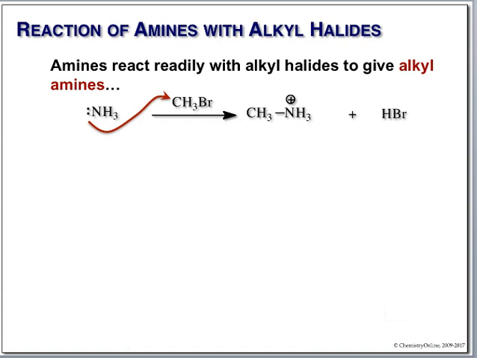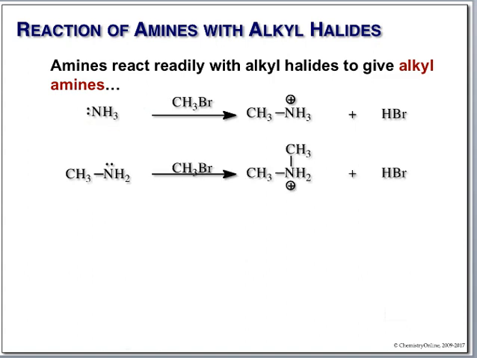Way back in 234, chapter 5, you said, okay, this is fine, this works. The problem now that you're in 235 is that once we get to this point, we have methylammonium ion, which can rapidly lose its proton in the presence of a base and form methylamine.